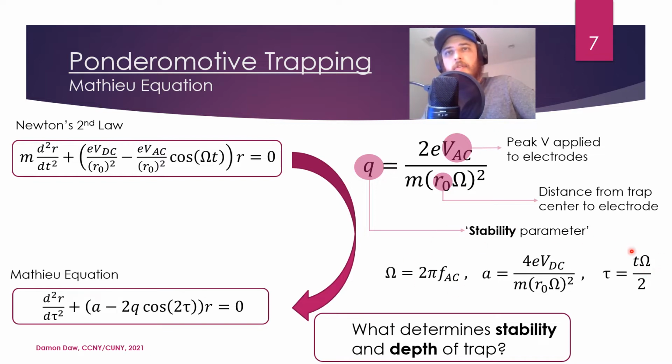And we've got some other definitions down here for the rest of the parameterization. And what's important about this is that the behavior of this equation, or the tuning of the parameters in this equation, determine the stability and the depth of a trap.